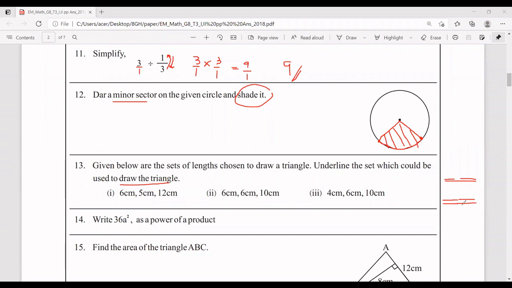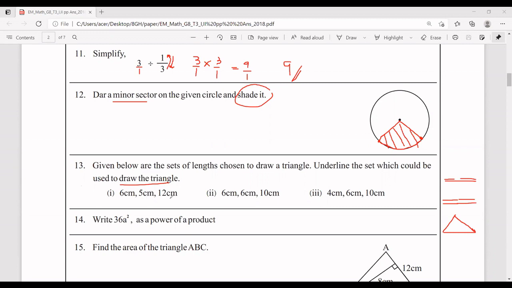So in this case also you can't make a triangle, because the sum of the 2 smaller lines equals the bigger line. But look at this one: the sum of the 2 smaller lines is greater than the bigger line. So now you can make a triangle.